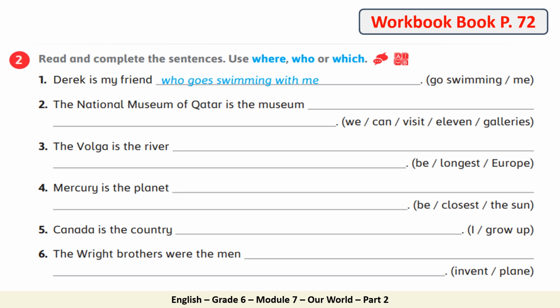Okay, so we're going to use this prompt between brackets to form the rest of the sentence using one of the three. So the answer will be here, Derek is my friend who goes swimming with me. Of course, we used who because it refers to Derek, who is a person.